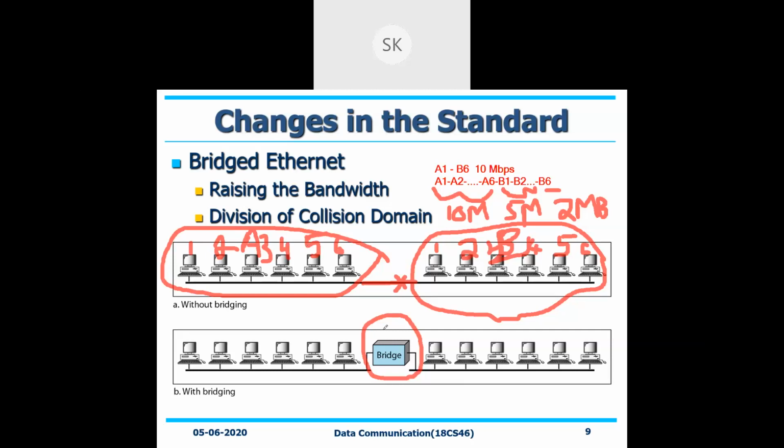What the bridge does is very simple: it transmits the data from one end to the other without any intervention. So instead of having a long connection, there are small connections here. This is how the bridge network is available.